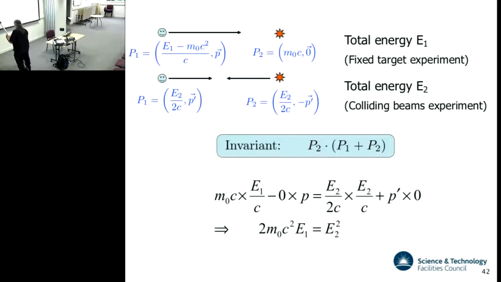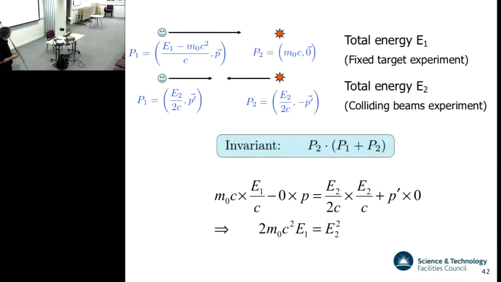P1 plus P2, that's equal to E1 over C, comma T. But in the bottom frame, writing with a prime, I should really have P2 prime, that's in the second frame, that's E2 over C, 0.